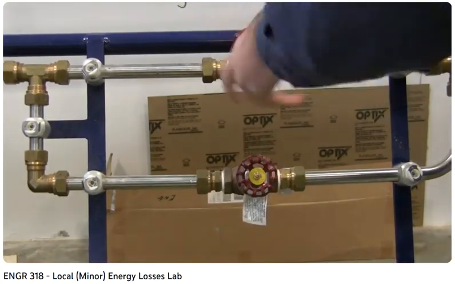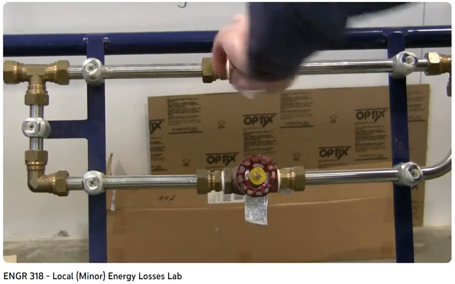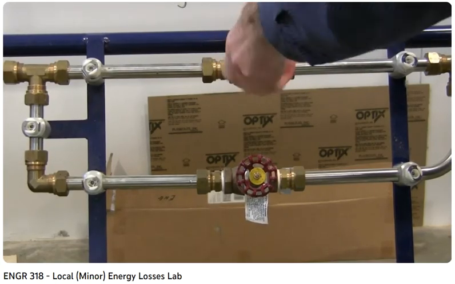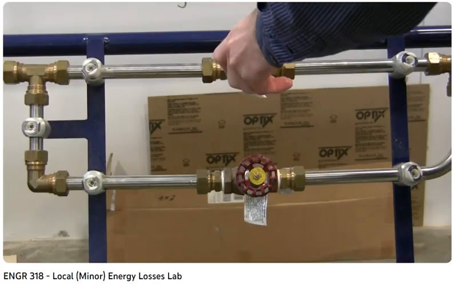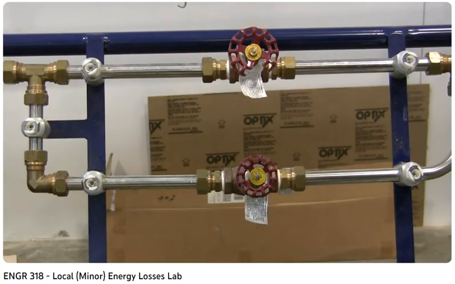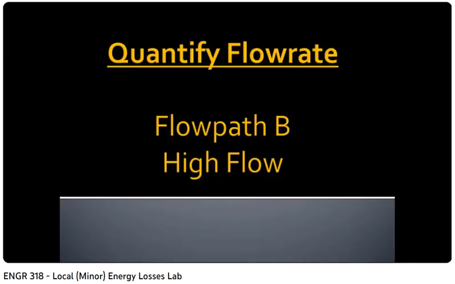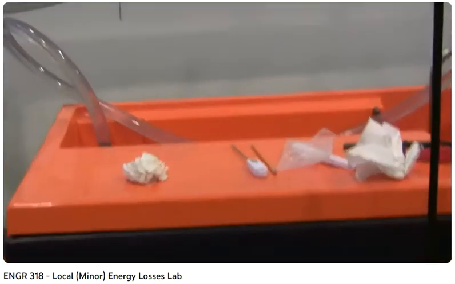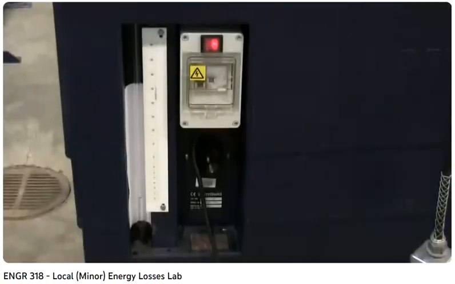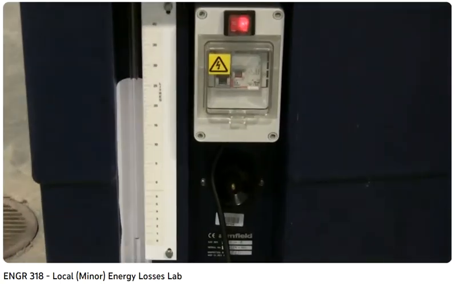The globe valve is open, and I'm going to close the gate valve. All right, so you can just sort of audibly hear that the flow rate has changed slightly. Let's go ahead and quantify that flow rate. This is the flow rate we're going to use for flow path B.